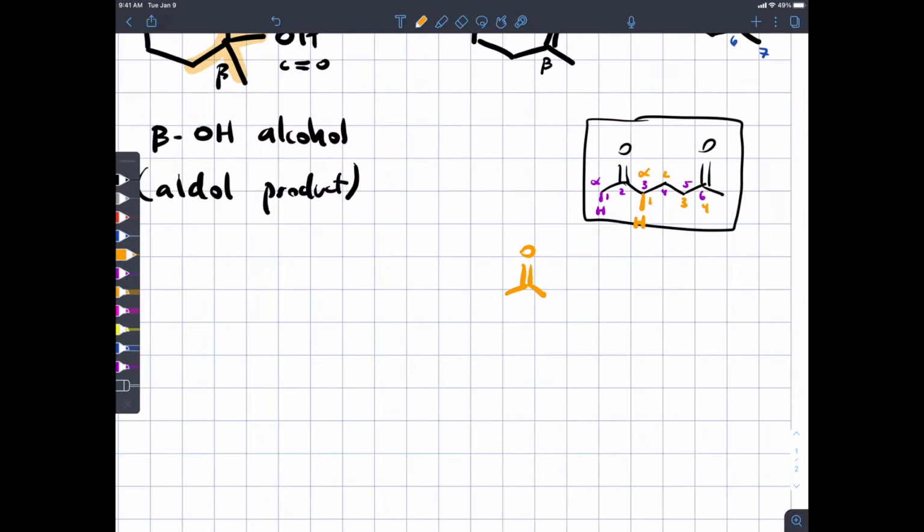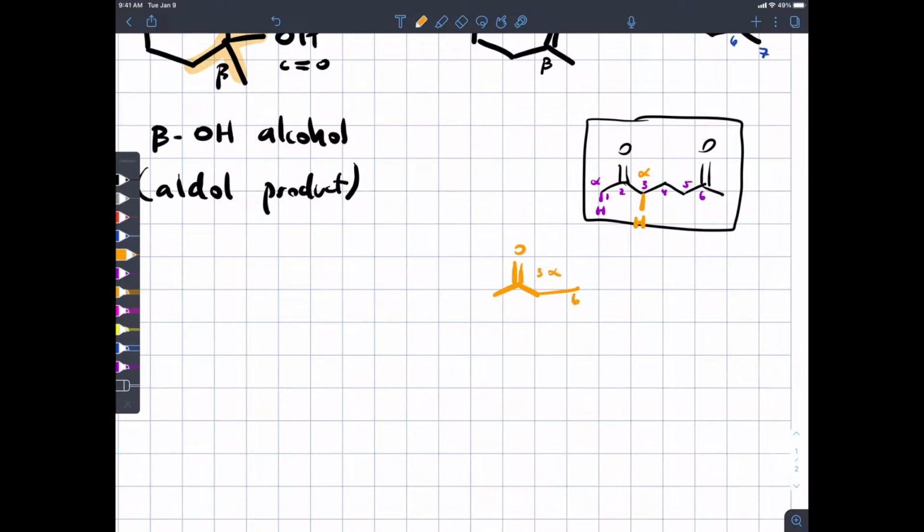I'm going to stop numbering 2 different ways because that's confusing. We'll just say that orange alpha carbon is 3, and that's going to make a new carbon-carbon bond with carbon 6. The enolate here is going to attack the ketone on carbon 6.